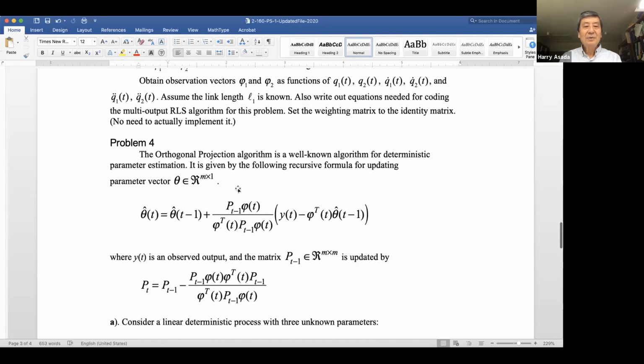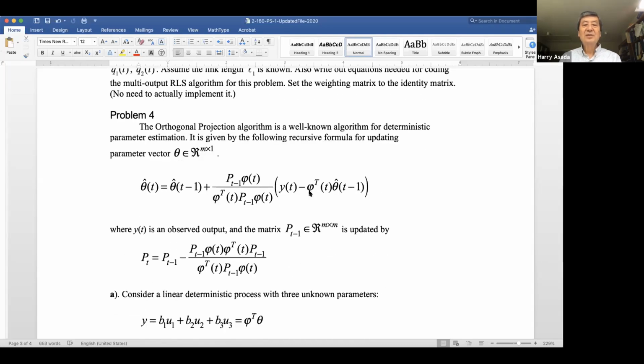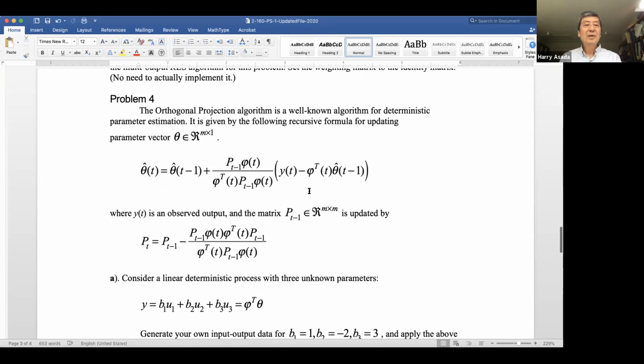The final problem 4 is a little bit of an extension of the recursive least squares we discussed. If you check this equation, it is very similar to the one that we studied. The only difference is in the denominator: there's no 1 plus. The 1 was added in the other one, and there's no such thing over here.